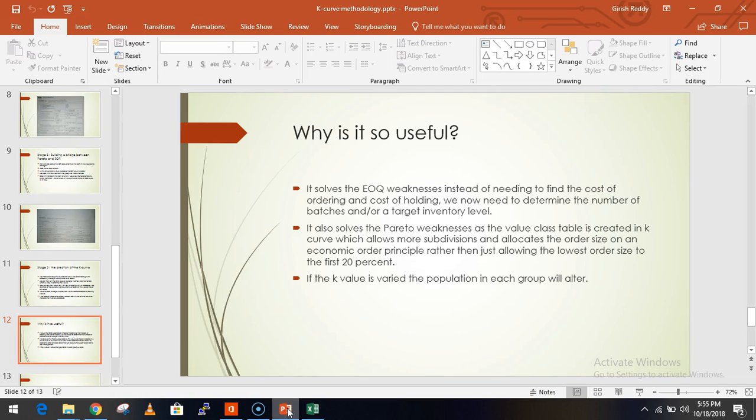This differs from the Pareto approach, which advises that the first 20% will always be on the lowest order cycle, typically 5 days ordering or whatever policy is chosen for class A parts, because all the classes in Pareto, like class A, B, C, will have fixed days for ordering. For example, class A products will be ordered frequently, every 5 days, or every 20 days for class B and every 60 days for class C. Whenever it comes to the K curve, there is no need to order the products like that.